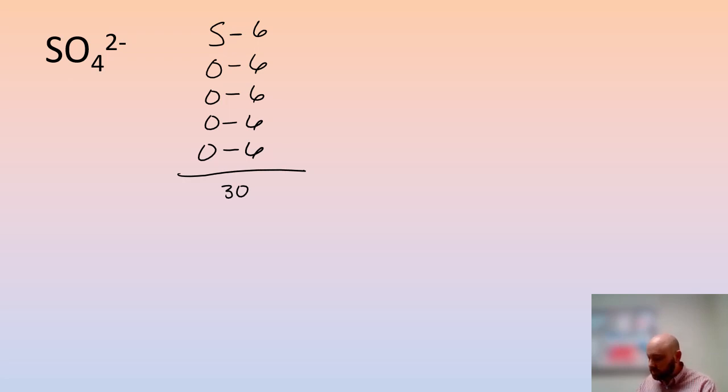In addition, because we have a -2 charge, that means there are 2 extra electrons in our molecule. So there is a total of 32 valence electrons with which we can build our polyatomic ion.